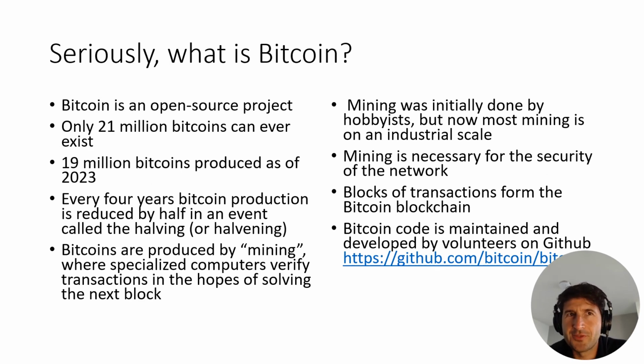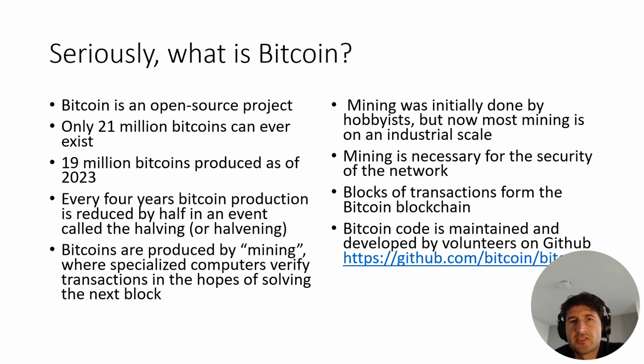Seriously, what's Bitcoin? This question takes more time to answer, and sometimes the answers only lead to more questions. So Bitcoin is an open source project. That means that anyone can see all the code that underlies it and even edit or contribute to it. There are only 21 million Bitcoins that can ever exist.